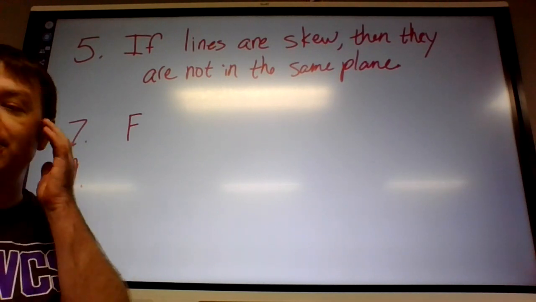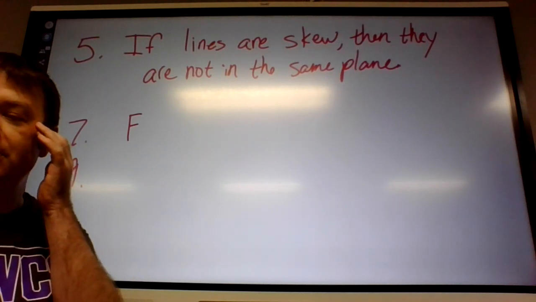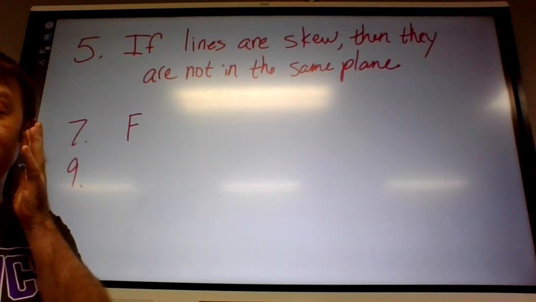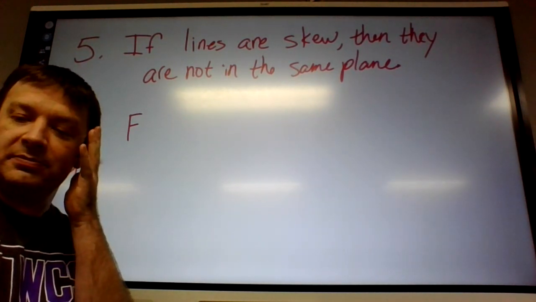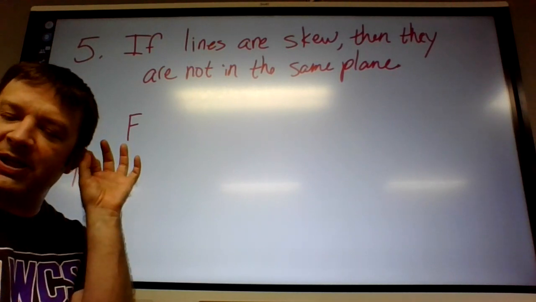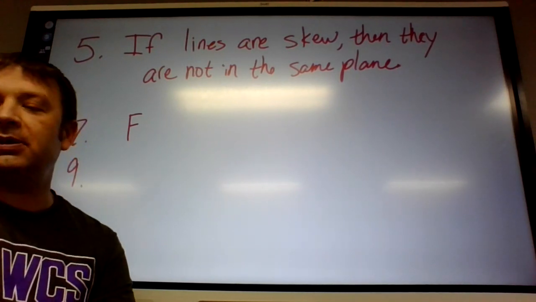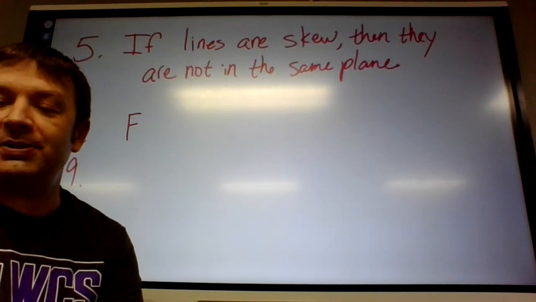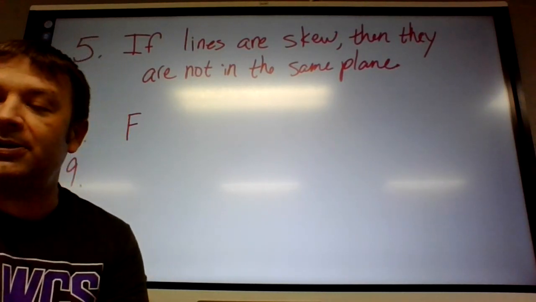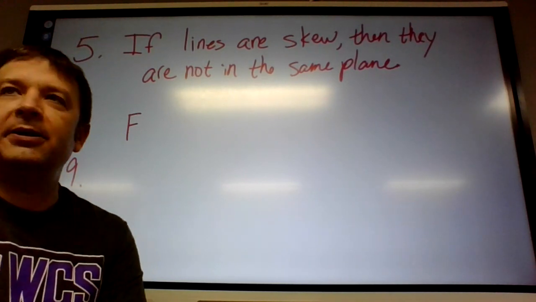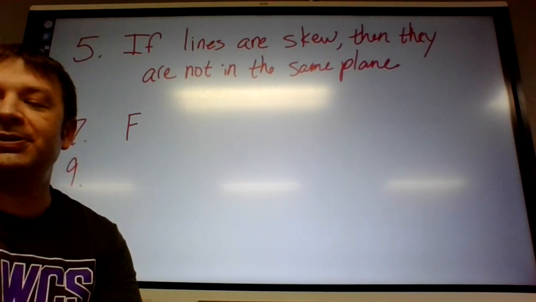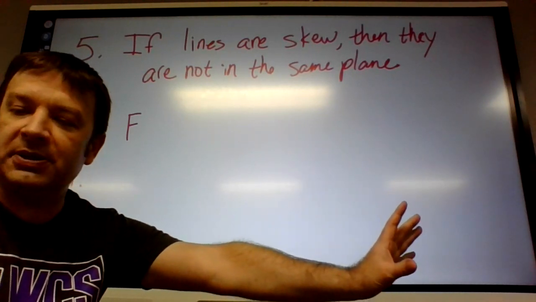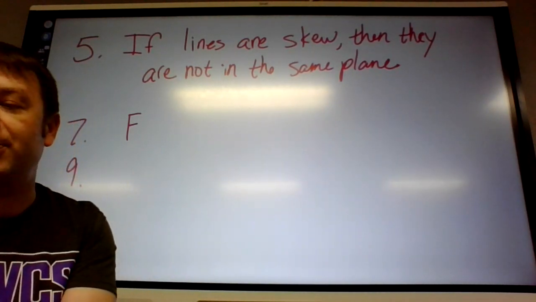Number 9. Oh, I just remembered, 9 and 10 are weird. They're true or false, so you've got 50-50. I'm not sure exactly what they were trying to get. You don't have to worry about it after this one, but what it says is, if a triangle has 5 sides, then it's convex. A triangle doesn't have 5 sides, but they're saying if this part is true, then this part would be true. So they're not asking you to say whether the first part is true or false.